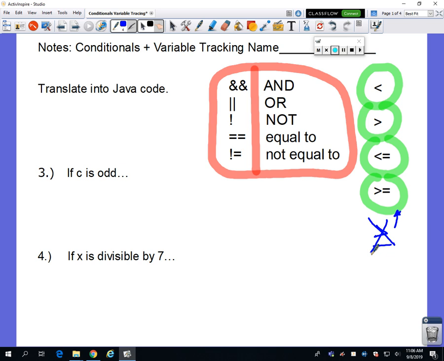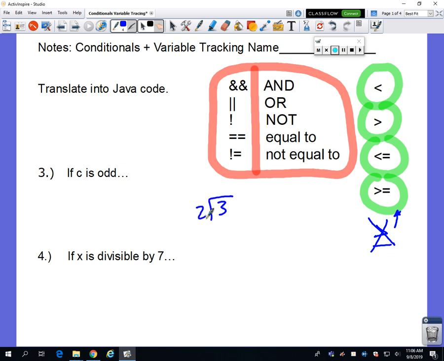So, if C is odd, let's try to think about properties of odd numbers. First of all, what's the opposite of an odd number? The opposite of an odd number is even. And what are even numbers divisible by? 2. So let's see what happens whenever I have an odd number.